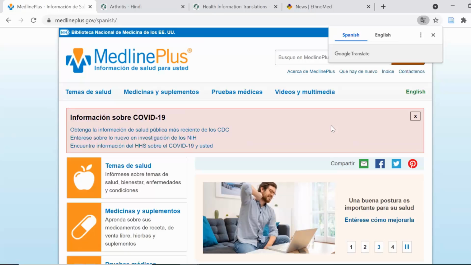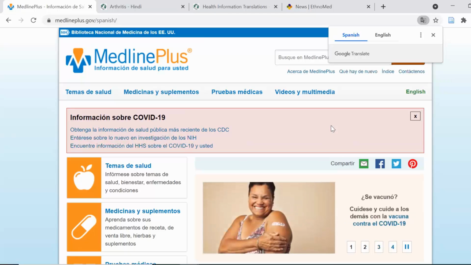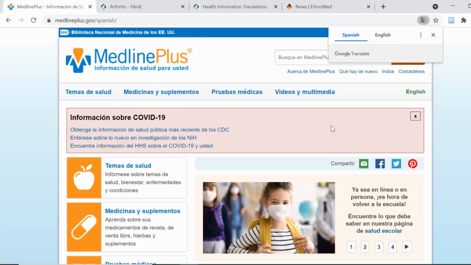Which is such an important thing, because a lot of times when even we look into information about our own health conditions and we're just doing a general Google search, it can be hard to parcel out which ones are the more reliable websites.